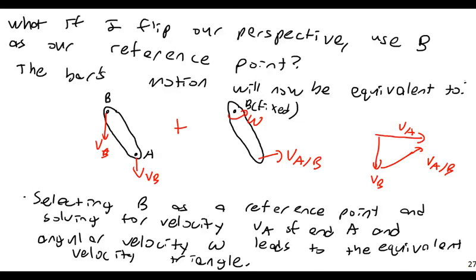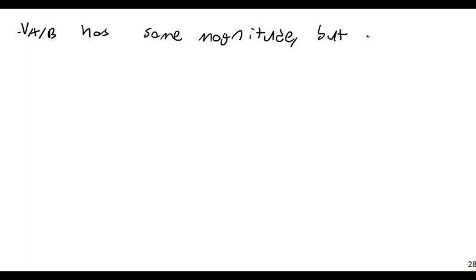And then some other notes. VA with respect to B has the same magnitude but opposite direction of VB with respect to A, which is not surprising.